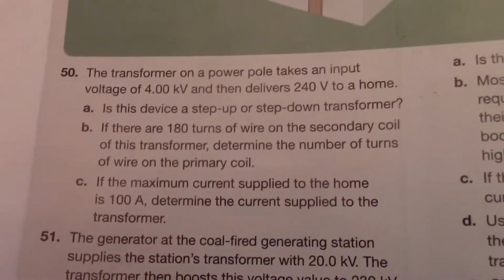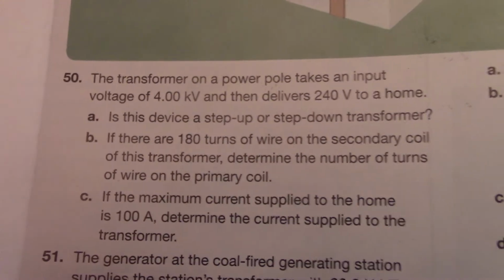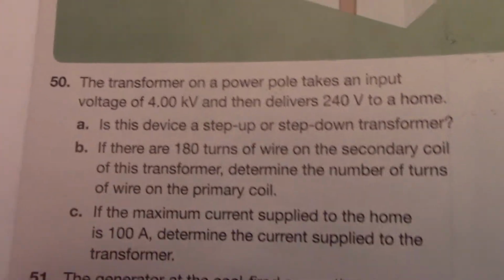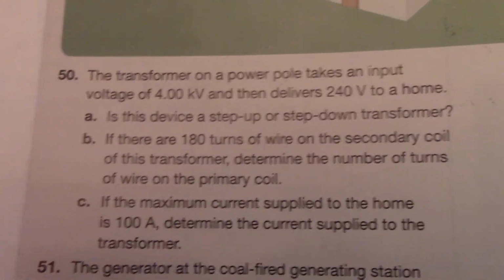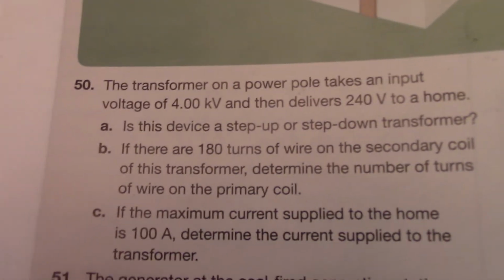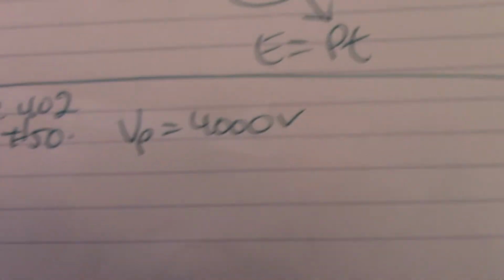Question 50 says the transformer on a power pole takes an input voltage of 4.0 kilovolts and delivers 240 volts to a home. I'm going to write this down right now. My primary voltage, I'm going to convert that to volts right away. Kilovolts is 1,000, so I've got 4,000 volts as a primary voltage.